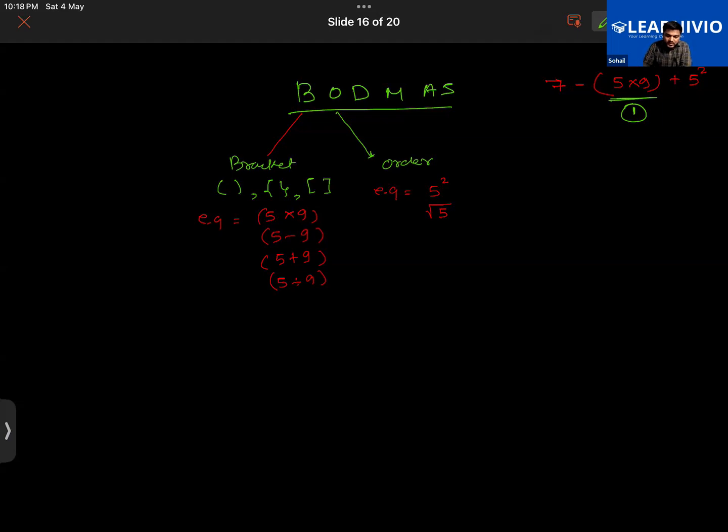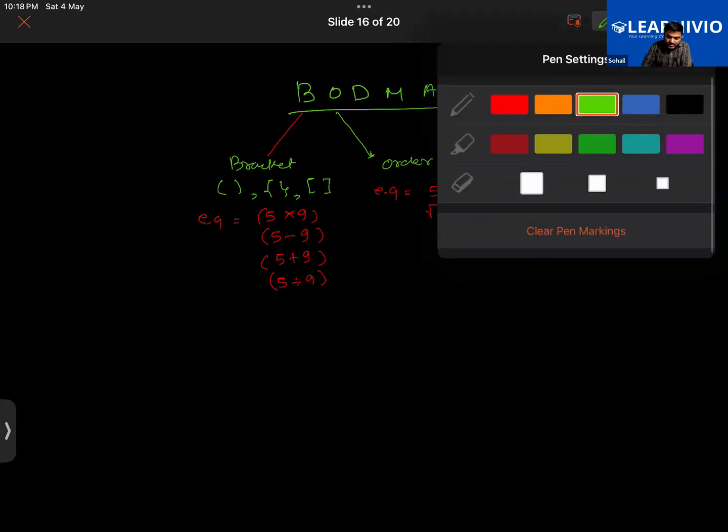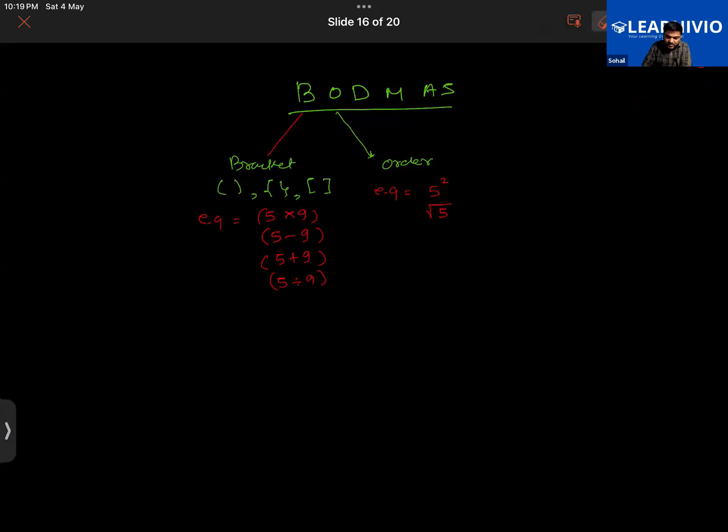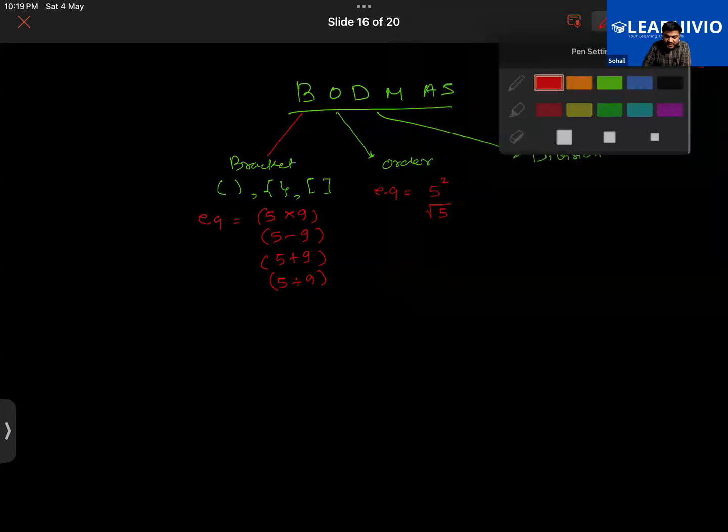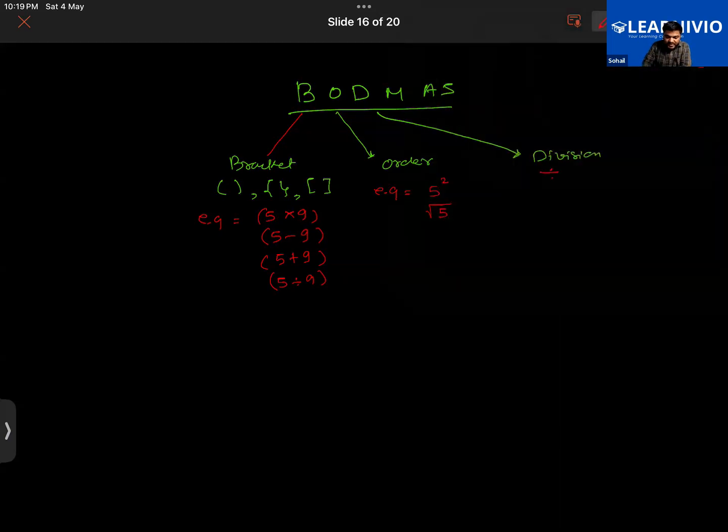After this, D is there. What does D stand for? Division. The signs of division are as follows. Whether you see the symbol like this or like this, both of them are division.